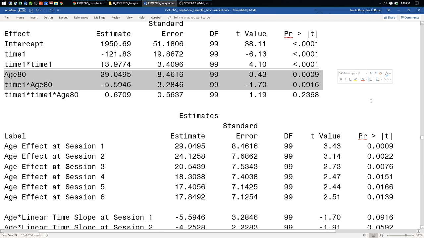Main effect of age is positive at session 1. It becomes what, according to this interaction? Less positive, but this interaction term is also at session 1 because it's conditional on this one. So it's positive, like simultaneously becoming less positive in older people.